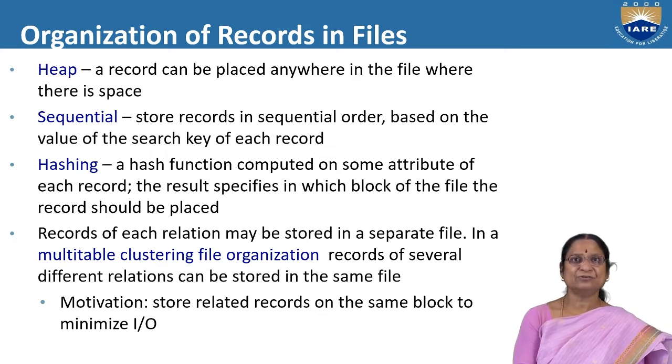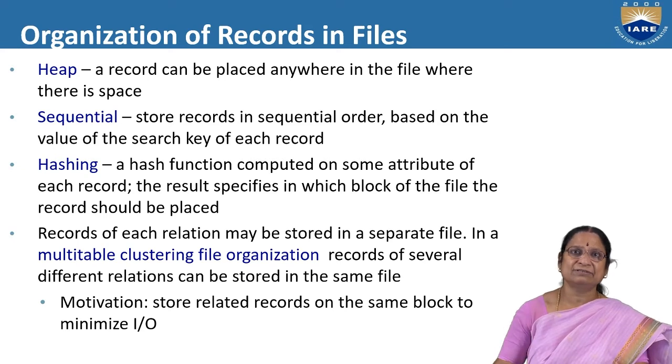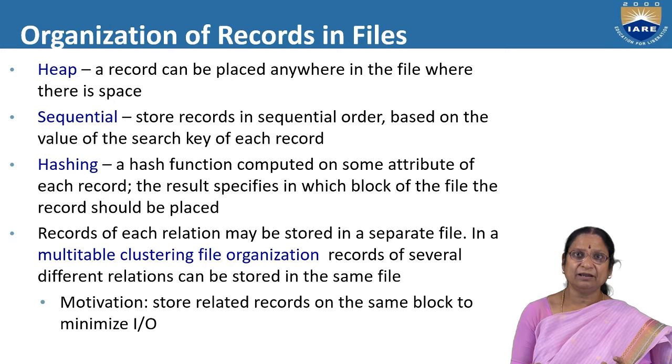So how is the data going to be organized in a file? Because our initial concept depends upon the organization of the data in our file. According to that only, the remaining operations are going to be carried out. The data in a file can be organized by using various techniques.